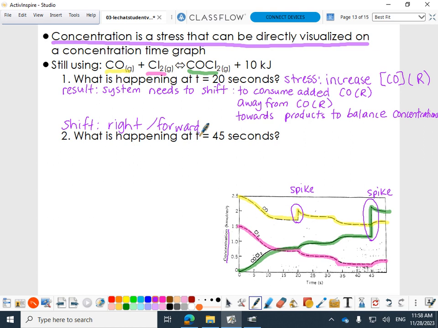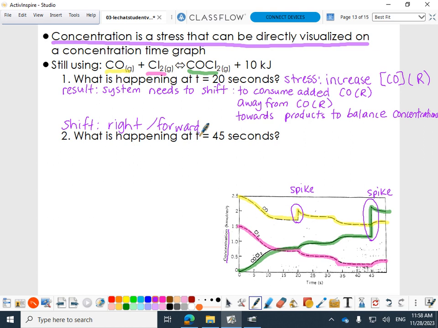Okay, so if you have to consume the CO that has been added, that means that this increase should be followed by a decrease. So here it increases and then it decreases. Excellent, we're on the right track.